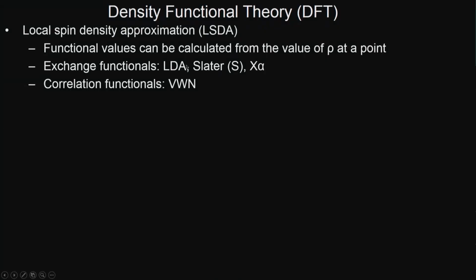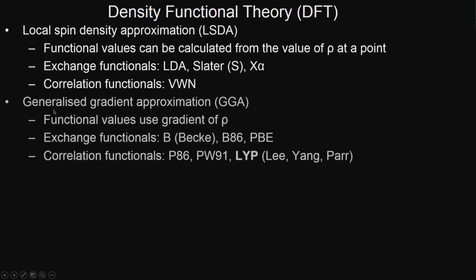So in density functional theory, you have the local spin density approximation. The functional values can be calculated from the value of rho at any point: exchange functionals, local density approximation, Slater; correlation functionals, generalized gradient approximation, where functional values use the gradient of rho.